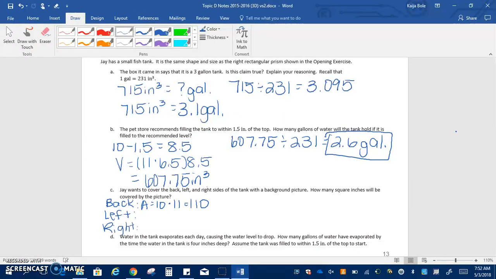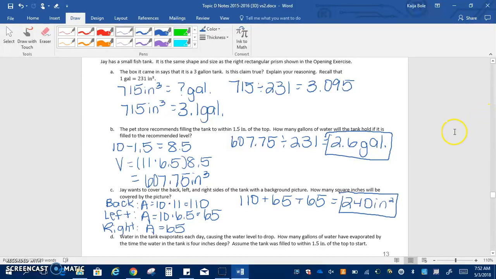And our dimensions for both of those will be 10 by 6.5. So it would be 10 times 6.5, which is 65, and the right side will be the same. It'll also be 65. Okay, so they want to know how many square inches will be covered, so we have to add all these up. 110 plus 65 plus another 65, and you end up with 240 square inches.